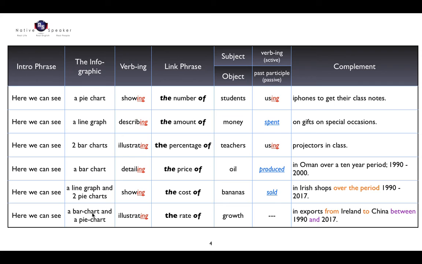And here we can see a bar chart and a pie chart illustrating the rate of growth in exports from Ireland to China between 1990 and 2017. So here we said between and for the period. In this case, I didn't use a verb because I didn't need to say the rate of exports growth growing.